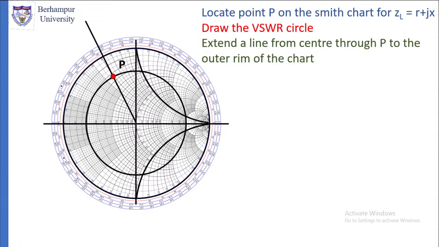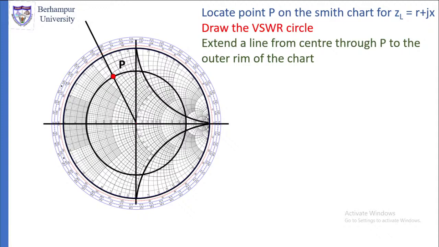Below the horizontal line, there are numbers. Locate the number 1. That is the center of the Smith chart. So on the horizontal line, locate the point which corresponds to the value 1. Take that as the center.